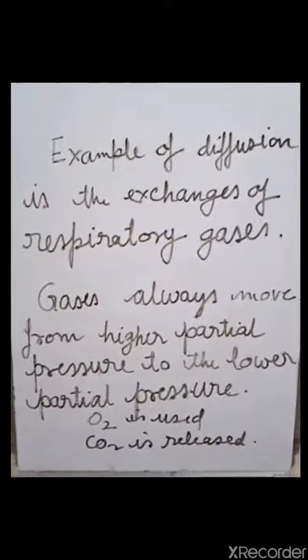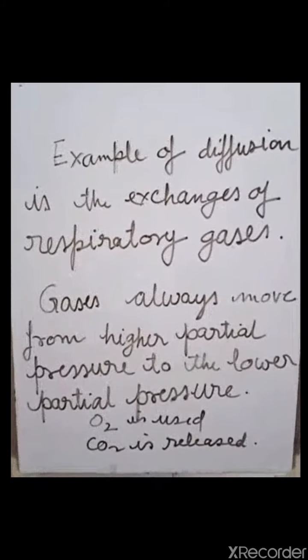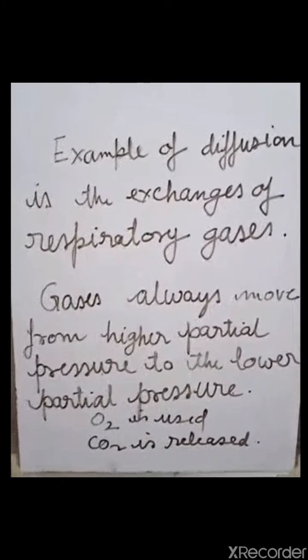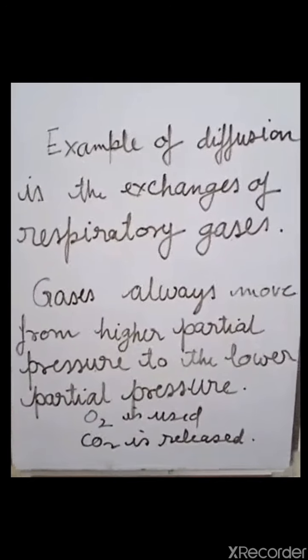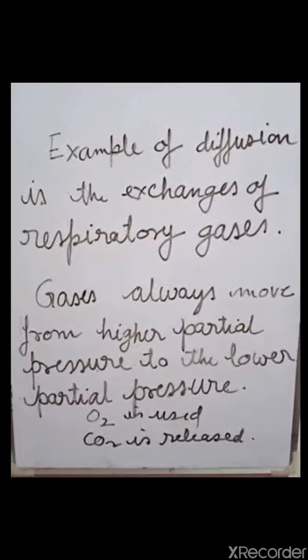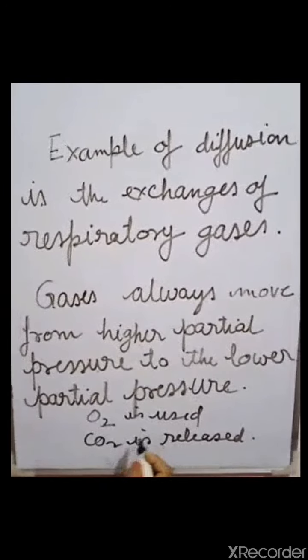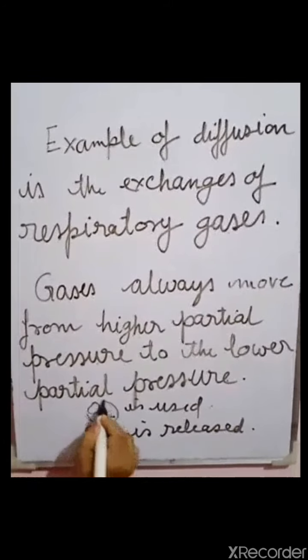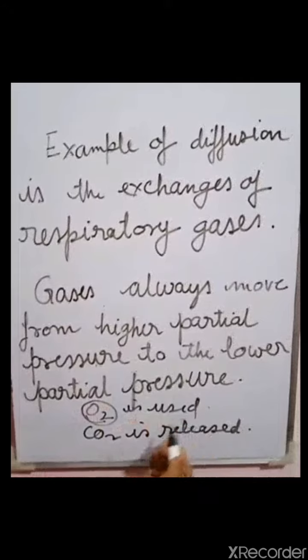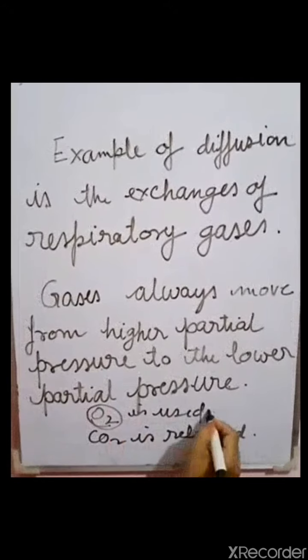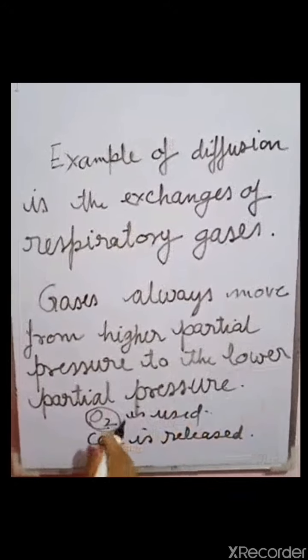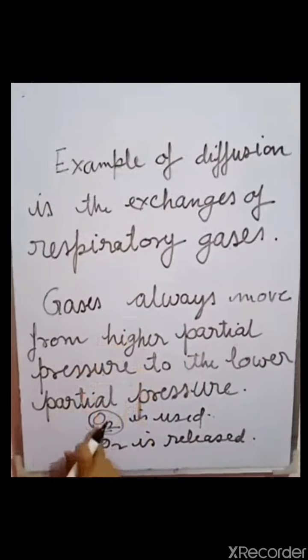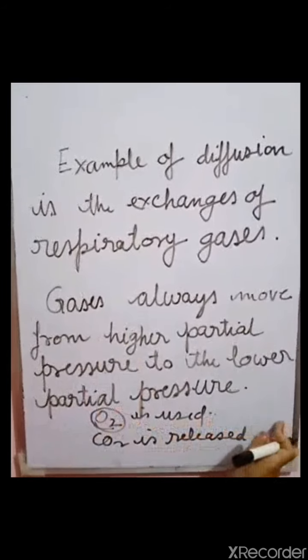When the partial pressure of O2 in the outside surrounding is more than inside, then O2 enters the cell by diffusion. When the partial pressure of O2 is more outside and less in the cell, due to diffusion, O2 moves inside the cell.